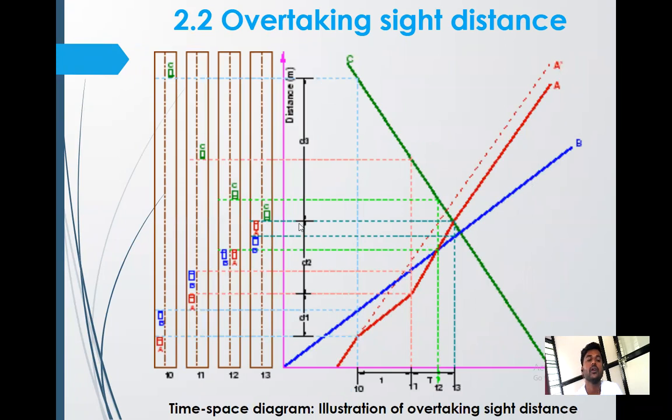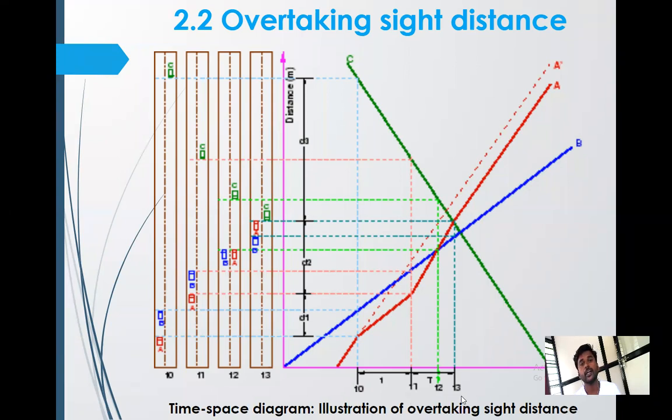See here, initially A is moving behind the B. It takes some time from T0 to T1 to decide to go for the overtake. At time T1, that is after traveling the distance of D1, he starts to overtake vehicle B, and he overtakes vehicle B in the time period from T1 to T3.